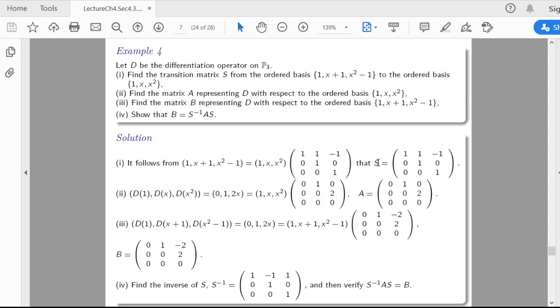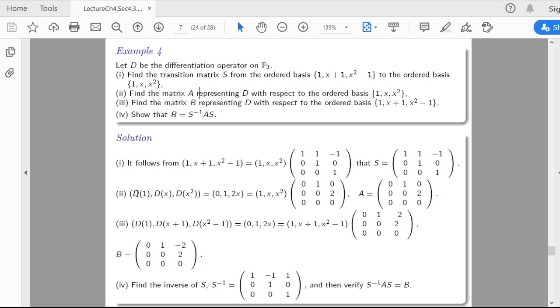Then we look at the matrix A, which represents the linear operator with respect to the ordered basis 1, x, x squared. So to do that, just like what we did in section 4.2, we take the derivative of 1, x, x squared.